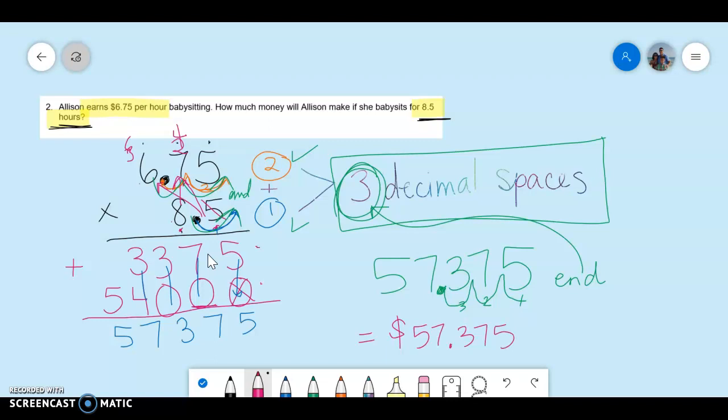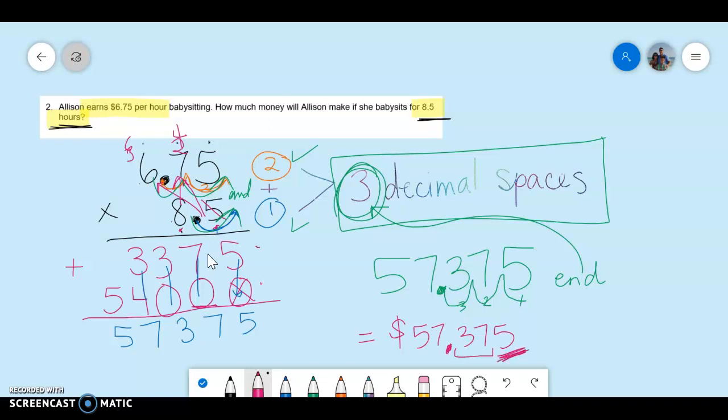$57.375, which is totally weird because in money, we don't have a way that says $57.375. Our money only goes to 2 places behind the decimal. So I have to go back to my rounding rules, which you probably learned in elementary school.